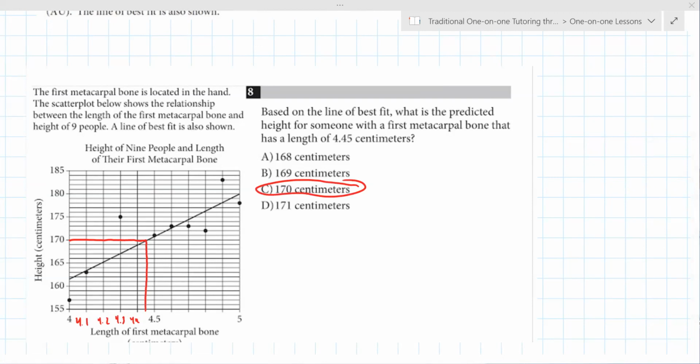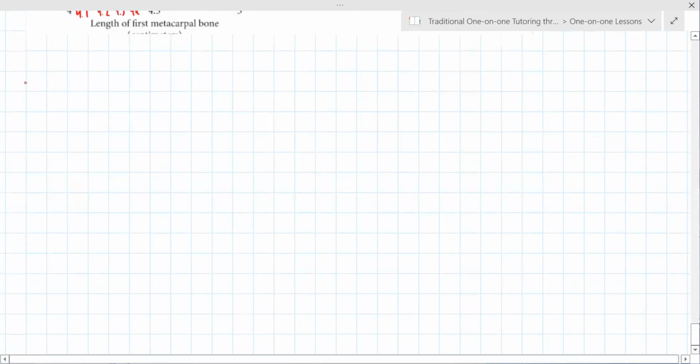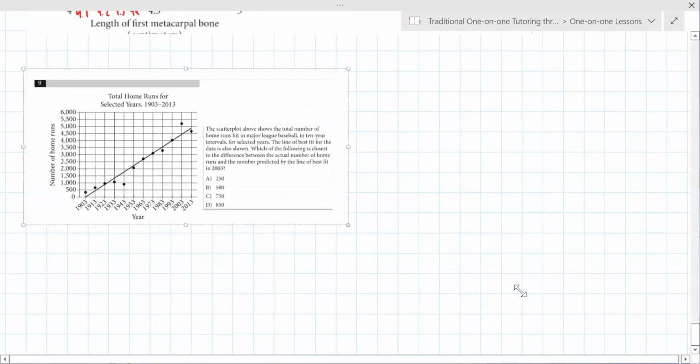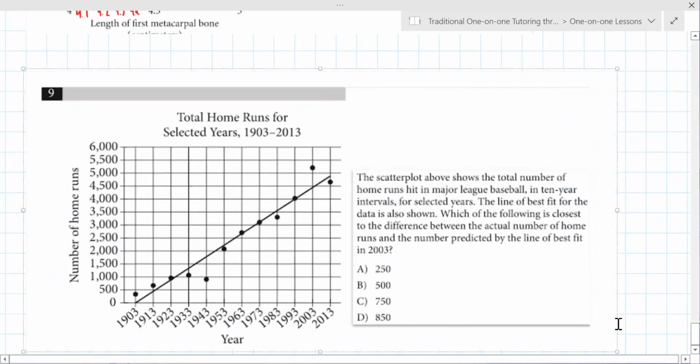This one should be more straightforward. Which of the following is closest to the difference between the actual number of home runs and the number predicted by the line of best fit in 2003?